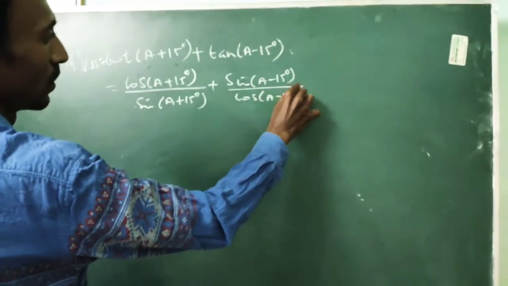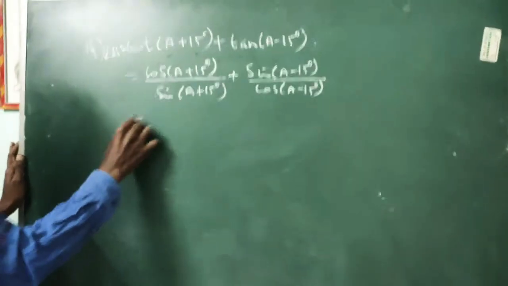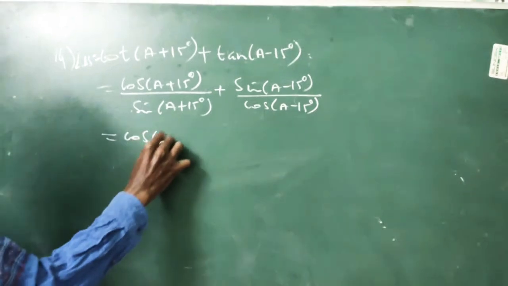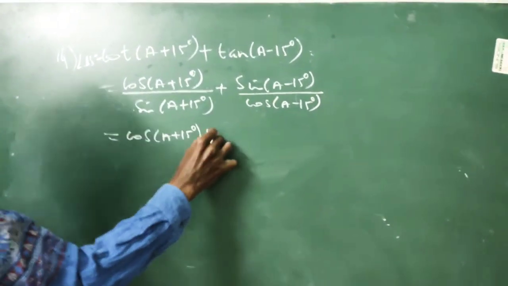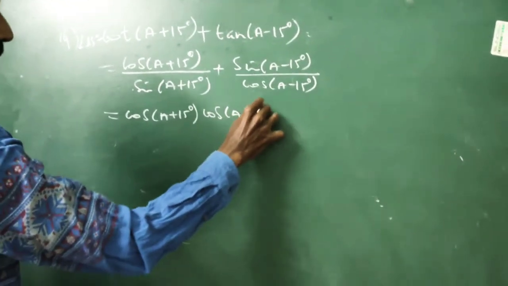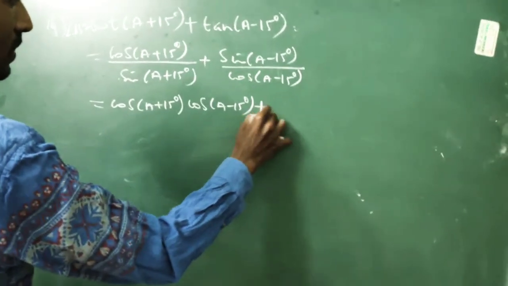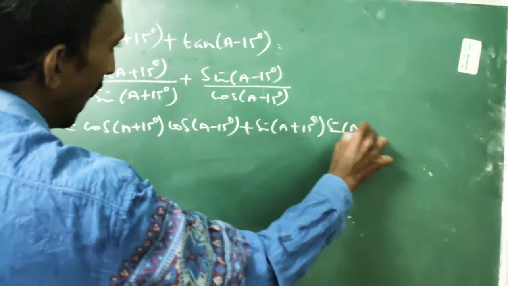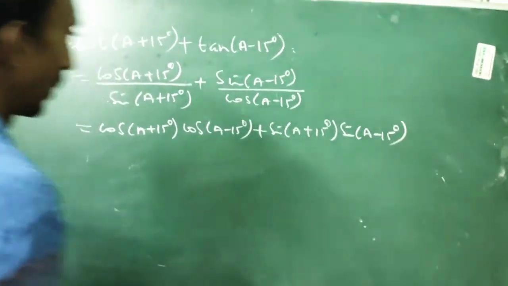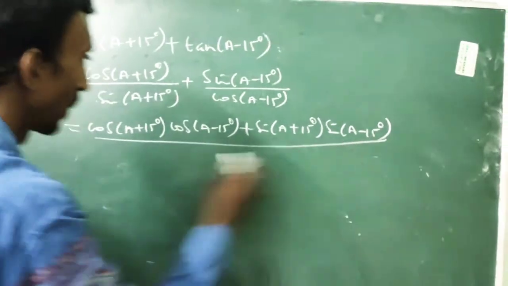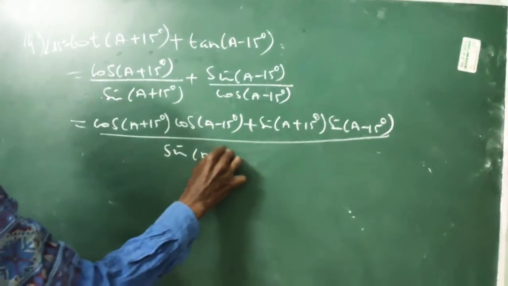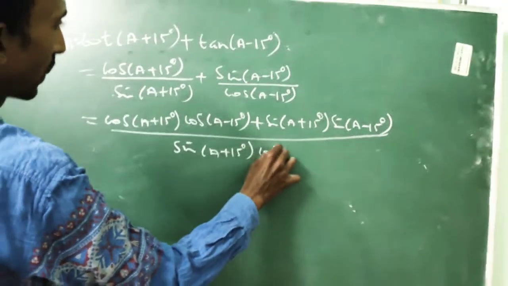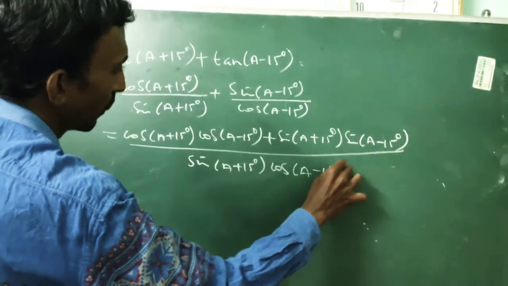Okay, so now take the LCM: cos(a plus 15) into cos(a minus 15) plus sin(a plus 15) sin(a minus 15), divided by sin(a plus 15) into cos(a minus 15).